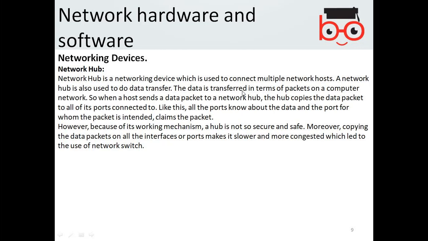But unfortunately, all the data being transmitted was sent to every available device on the network, and the device for whom it was intended, the receiver, would accept it, otherwise others would reject it. So it was the disadvantage.